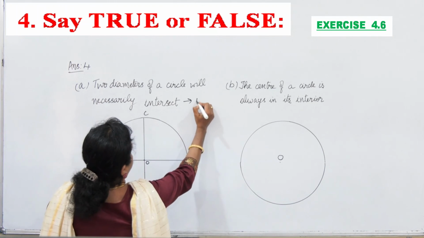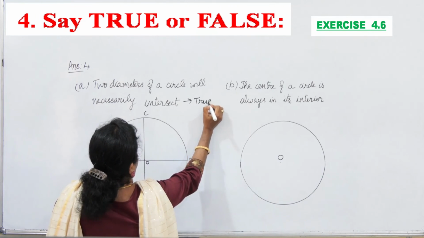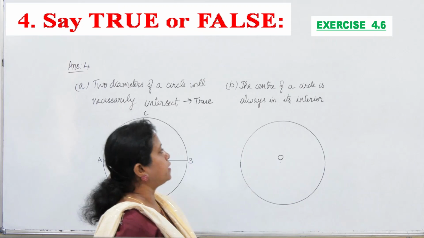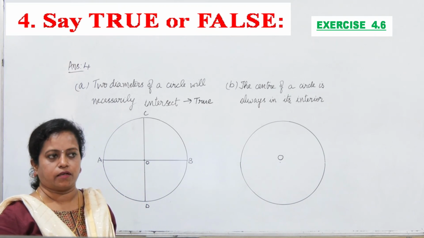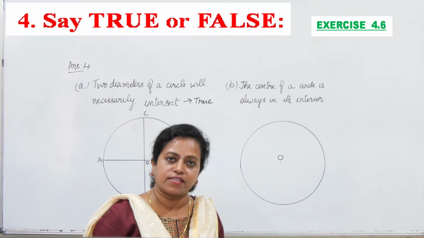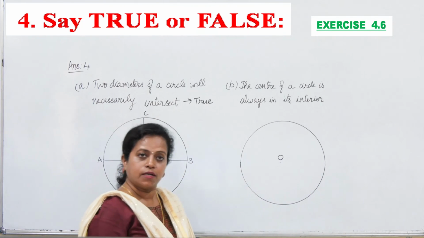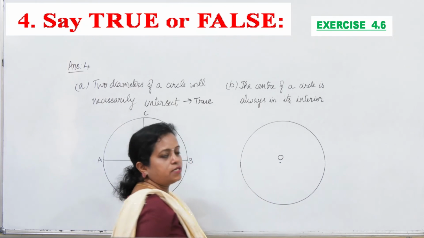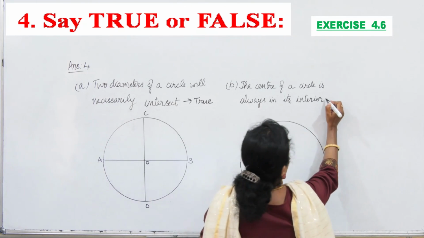So this statement is true. The second part is the center of a circle is always in its interior. What did we learn about the center of the circle? It is a fixed point from where we construct the circle. So it will always lie in the interior of the circle. So this statement is also true.